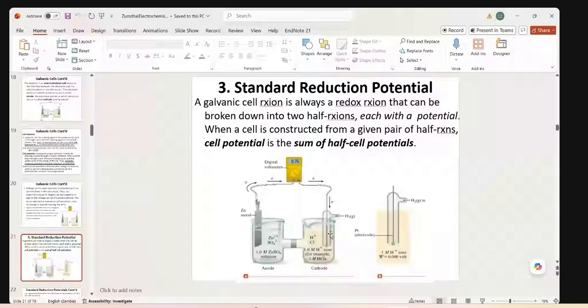And then hydrogen is being reduced, right? So it's on the cathode, right? Yes.